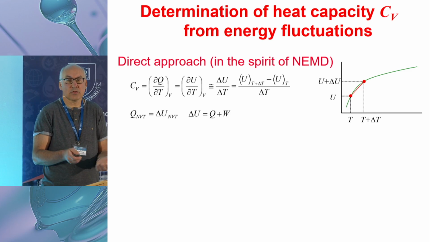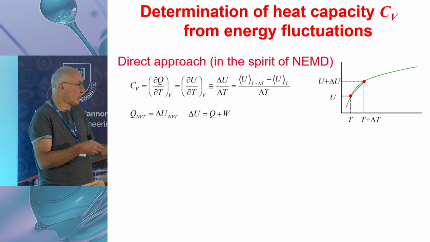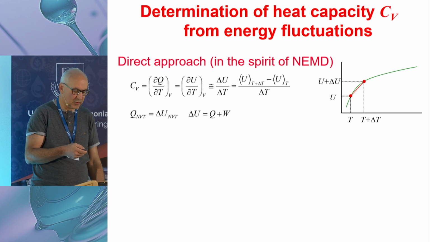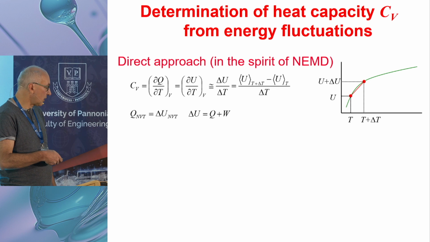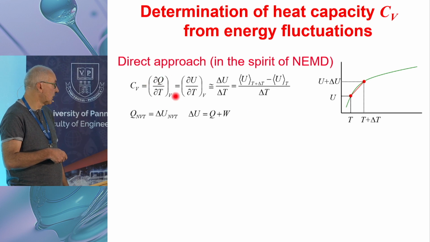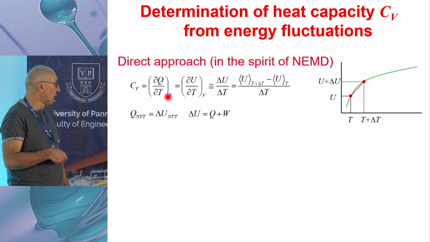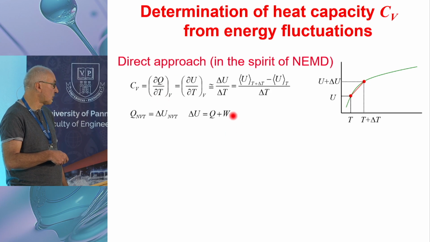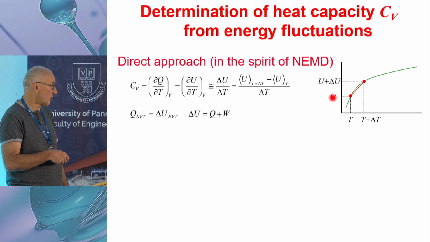Maybe the most intuitive approach would be in the spirit of non-equilibrium MD. You know that the heat capacity is the amount of heat needed to warm up your system. If it's NVT, then there is no volume work, so it's a change of internal energy. So you might run one simulation at temperature T and average its internal energy, the potential plus kinetic.